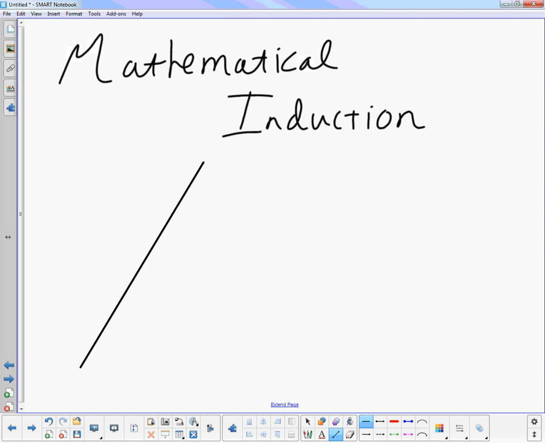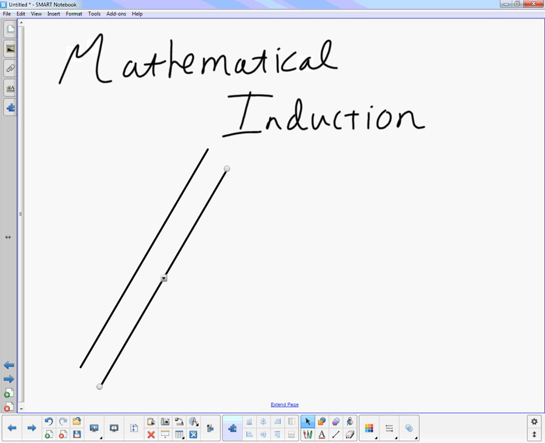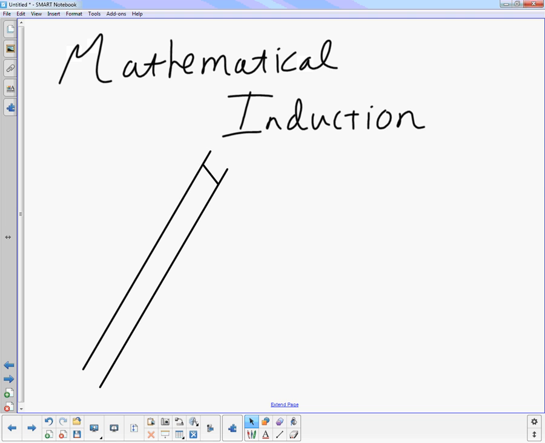Imagine a ladder. What mathematical induction tries to do is prove things that are infinite for the most part, to prove that something is always true, no matter what.